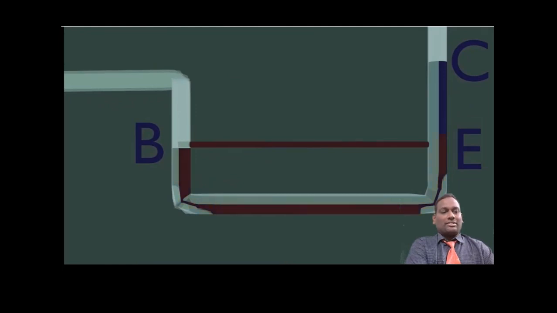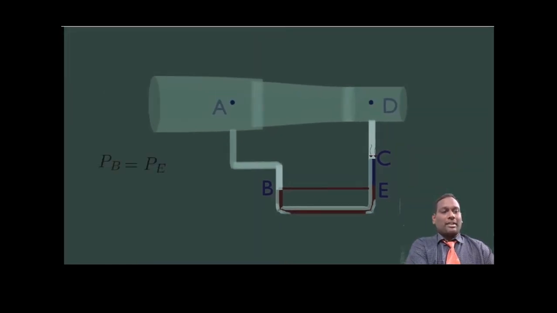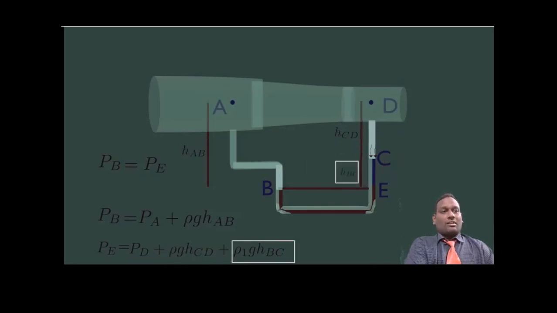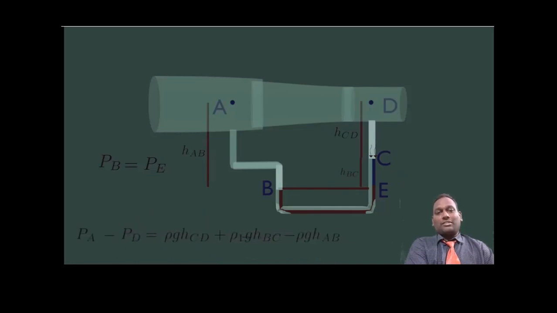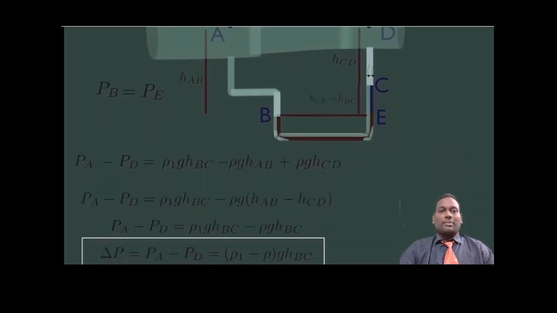Note how the blue liquid changes. Because the fluid is continuous and the pressure is in the horizontal direction, the pressure at B is equal to the pressure at the same level on the other limb. Therefore, the pressure at B is PA plus ρgh. Similarly, the pressure at E is the pressure at B plus the pressure between B and C. From the mathematical interpretation we can see the expression for PA minus PD.